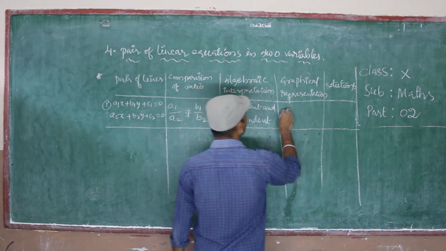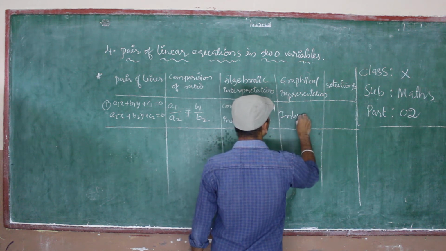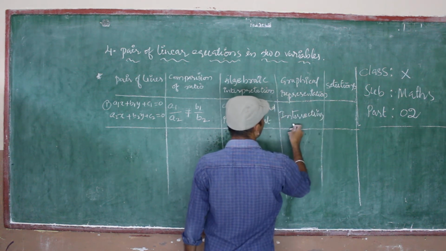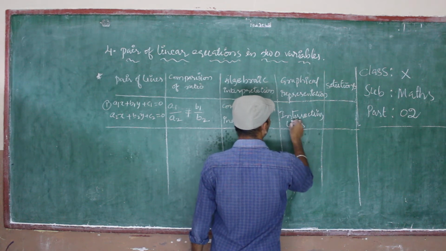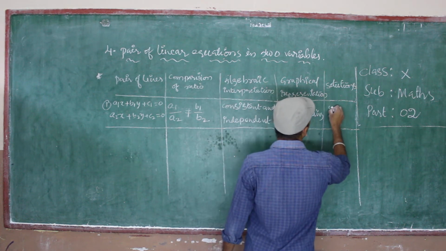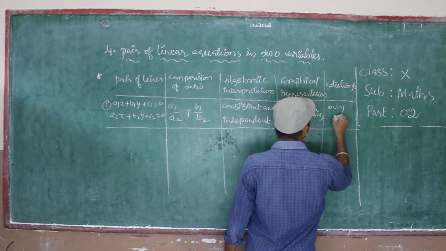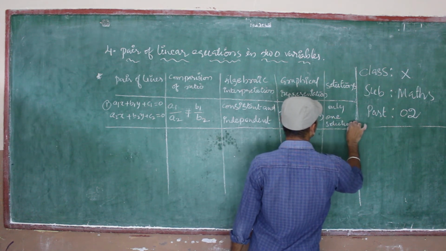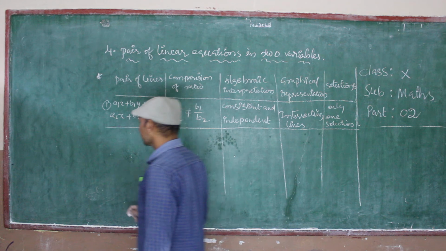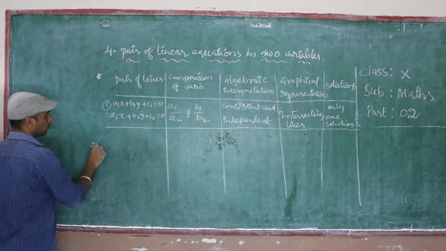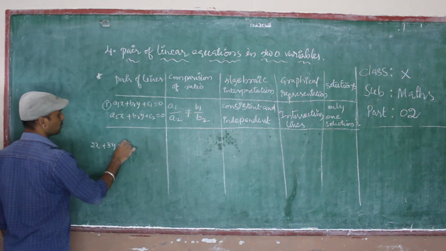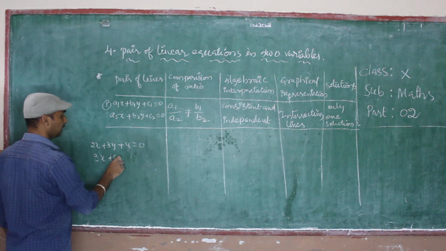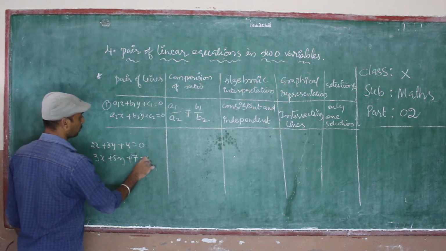Graphical representation, intersecting lines. Solutions, only one solution. See children, if they give 2x plus 3y plus 4 is equal to 0, then 3x plus 5y plus 7 is equal to 0.